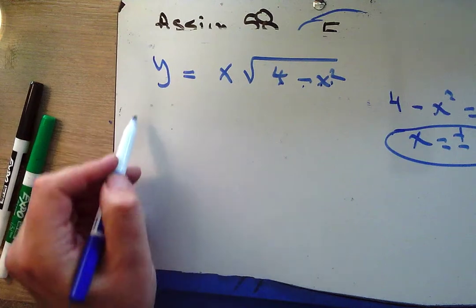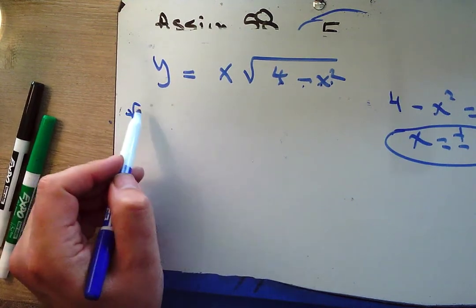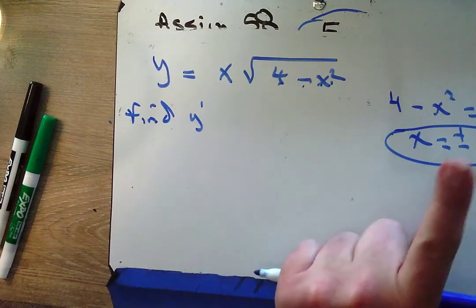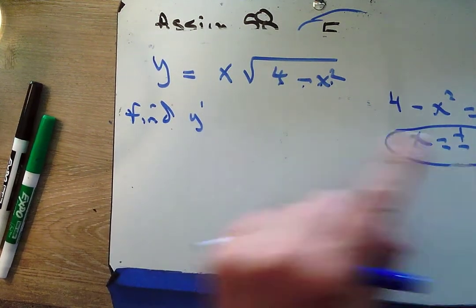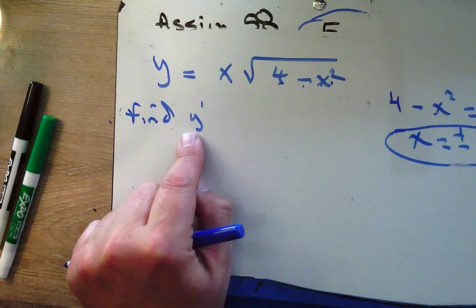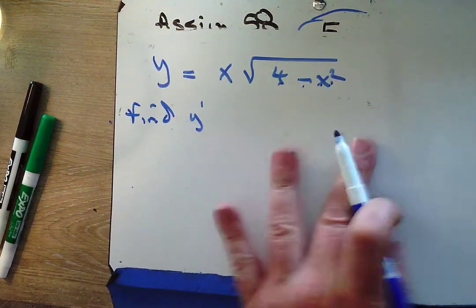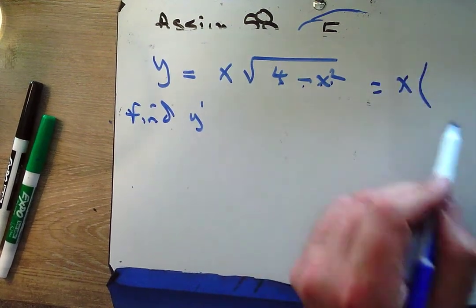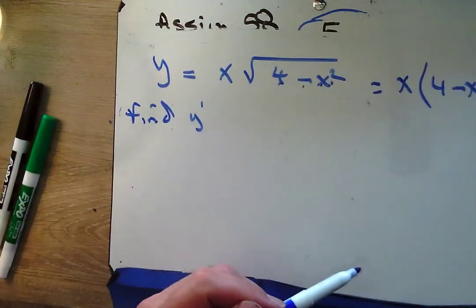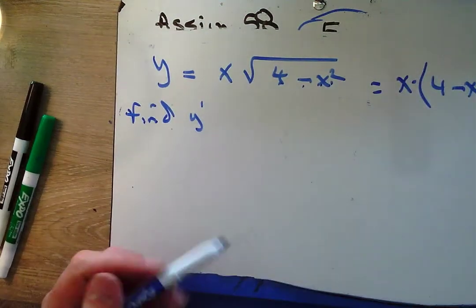Okay, so let's find y prime, because in addition to checking the endpoints of the bounded interval, I'm looking for where y prime equals 0 or where y prime is undefined. I'm also going to find my life is made easier if I use rational exponents like that. And now I have a product rule.